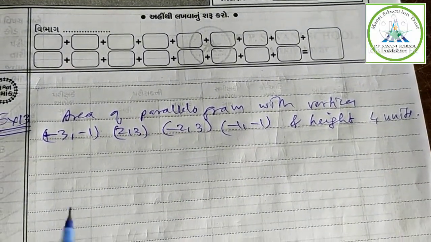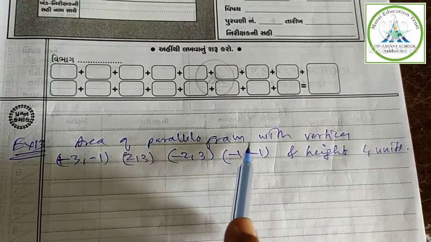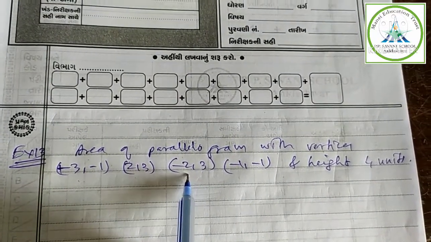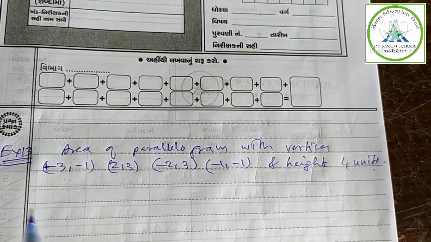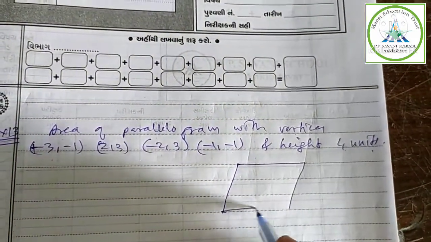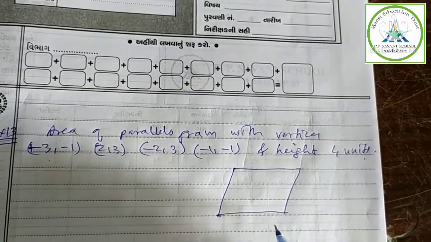Example 13, extra example. You may get an example of this type. Area of a parallelogram with vertices 3 minus 1, 2, 3, minus 2, 3, minus 1, minus 1 and height 4 units. Okay, then please draw a freehand diagram only for understanding. Okay, see, I am just drawing this now, students.